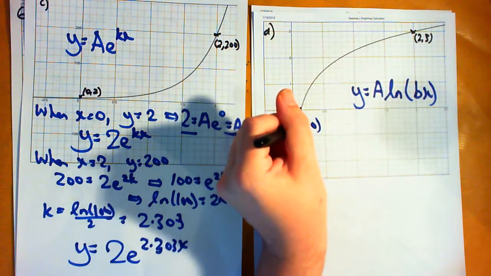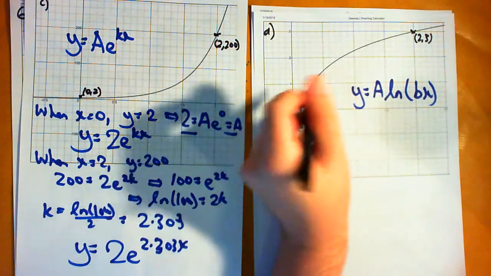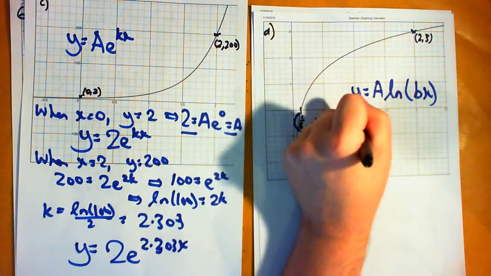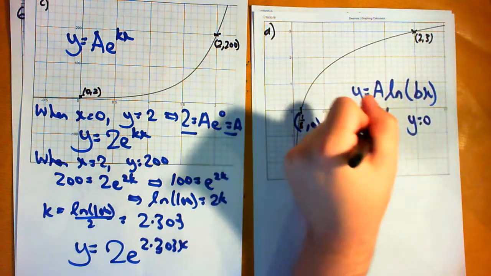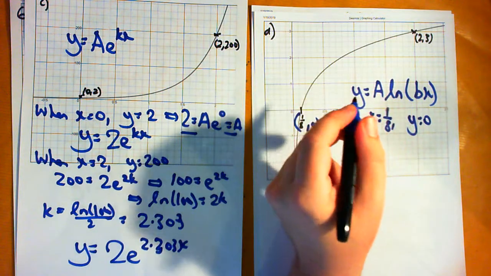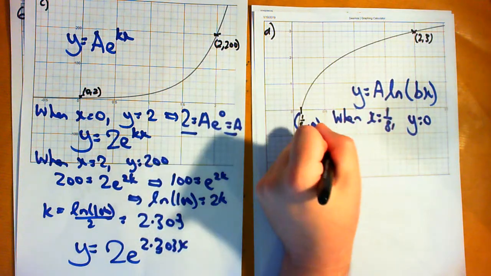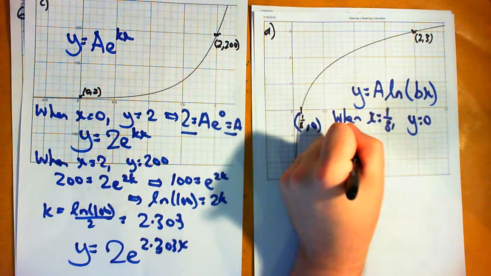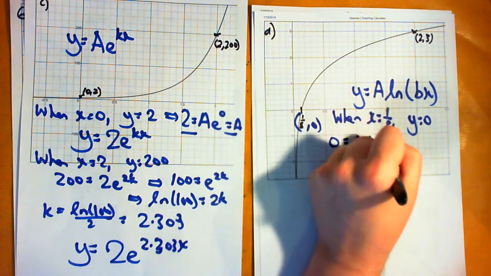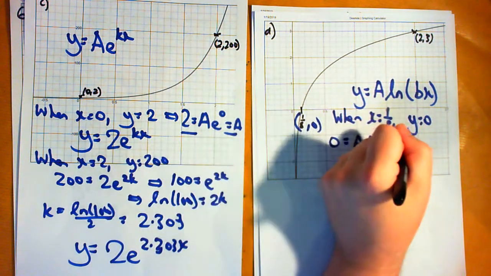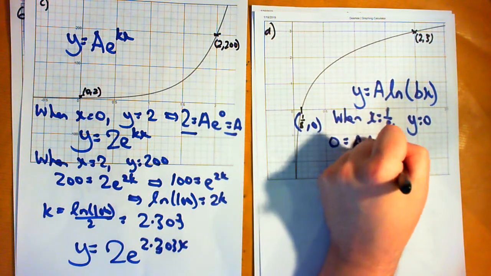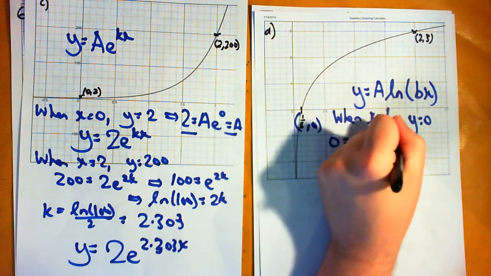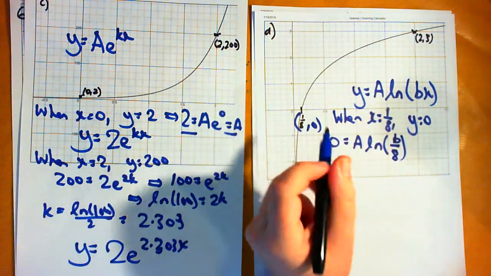So let's use the point (1/8, 0). So when x equals 1/8, y equals 0, substitute that into a ln of bx, we get 0 equals a ln of b times 1/8, so it's going to be 1/8 times b.